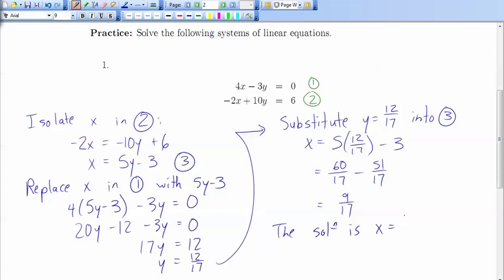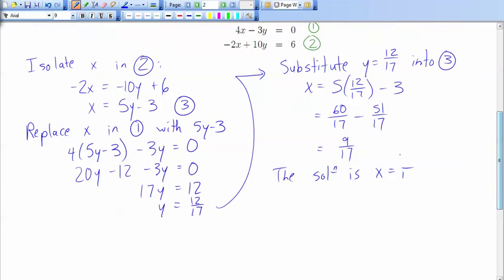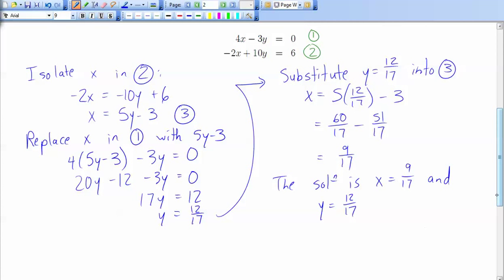And we have to report on both values. We can't just know one of the values of the variable. We need to state the values of all variables there. Because the solution to a system of equations is an assignment of values to all the variables there.